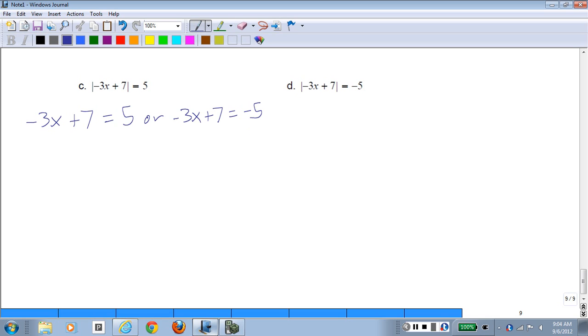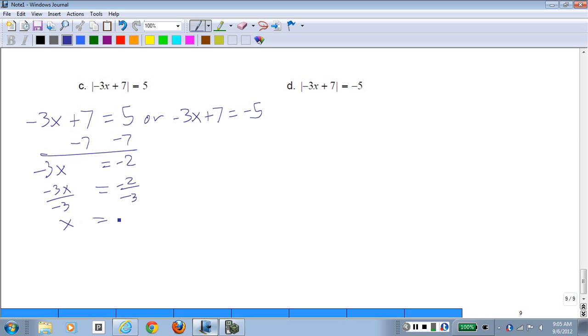So we're taking what's inside the absolute value bars, declaring it equal to the positive number on the right-hand side, writing the word or, and then declaring it equal to the opposite of that positive number on the right-hand side. Two equations to solve, 2 steps for each equation. Divide both sides by negative 3.